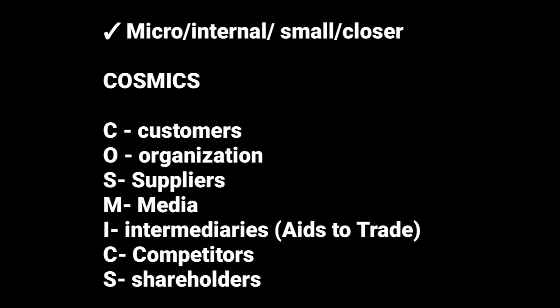For example, a business can influence its customers through advertising and proper packaging of the products and all that. So for the micro, the business has influence over them. The first one is customers, and we are talking about the external customers.